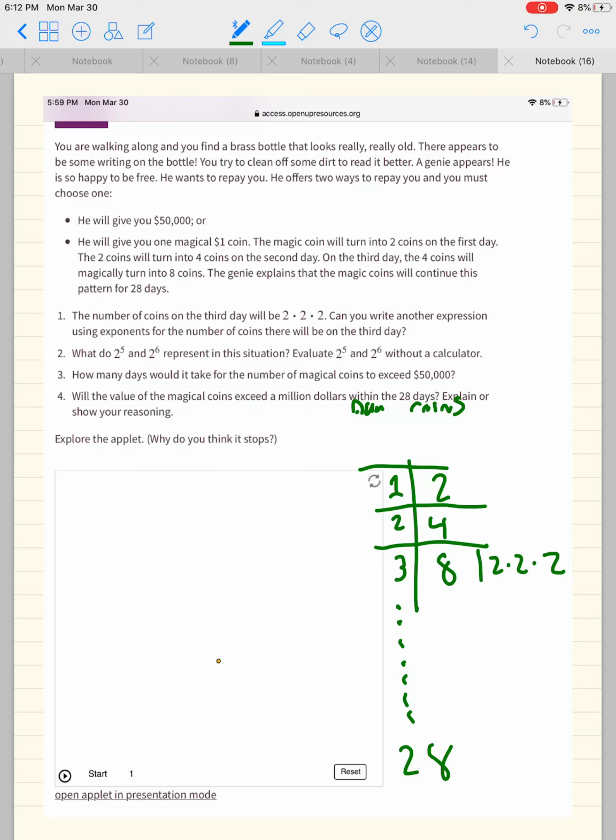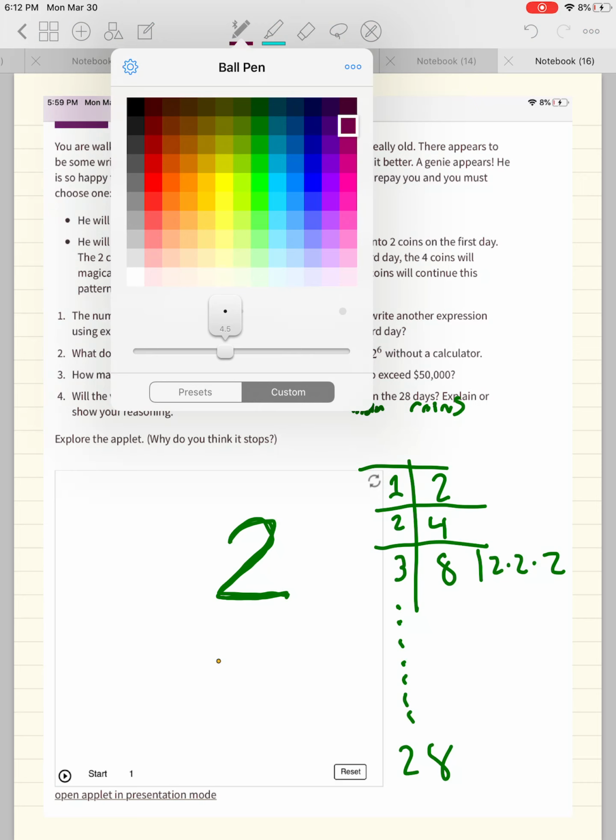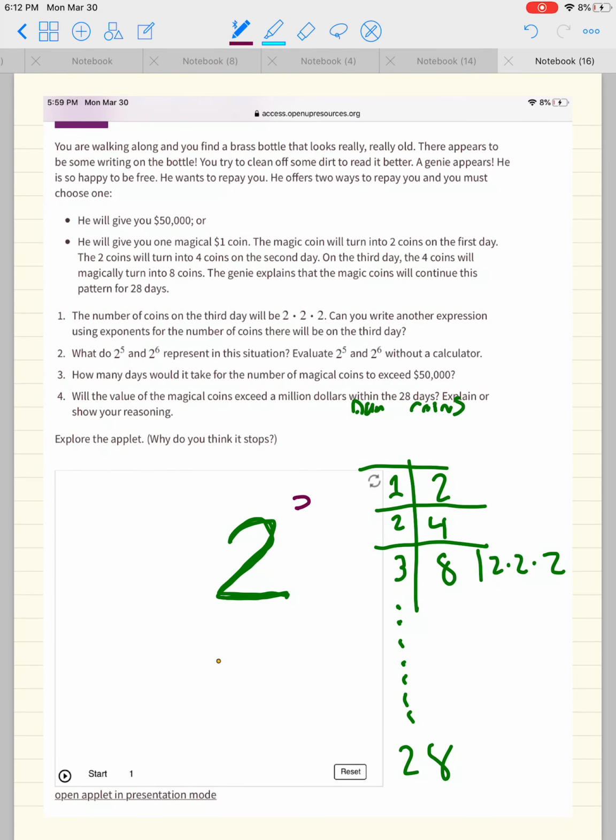Okay, can you write in another expression using exponents for what it will be on the third day? So an exponent, remember, is that little number in the top corner. So if we're taking 2 and we're multiplying it by itself 3 times, the exponent is going to be a 3, because that is the number of times we're repeating 2, the number of times that we're multiplying it by itself.